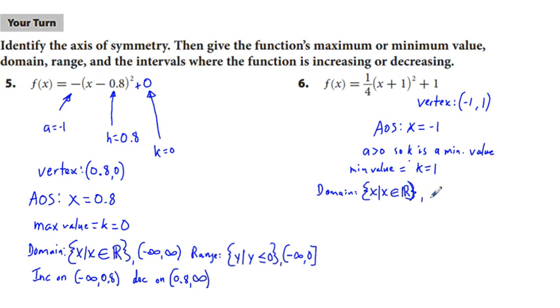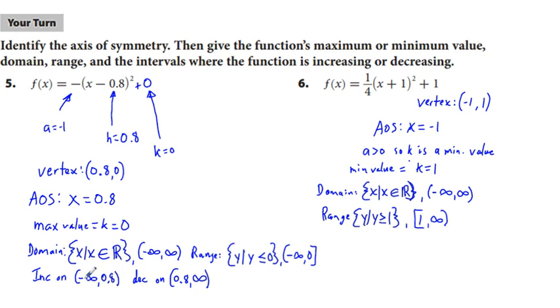And then also in interval notation, we would put greater than negative infinity, less than infinity. Range, we have y such that y is greater than or equal to k, and k is 1. And also in interval notation, we could write this as greater than or equal to 1, less than infinity.